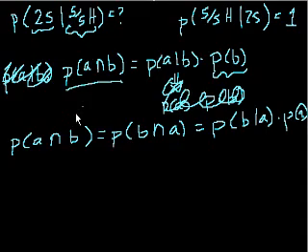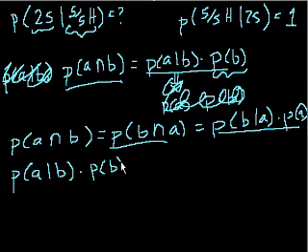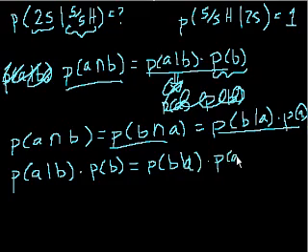Well, we see that this is equal to this, so this has to be equal to that. So let's write that down. And we're going to do a lot of applications. I know this is a little abstract right now, but that tells us the probability of A given B times the probability of B is equal to the probability of B given A times the probability of A.